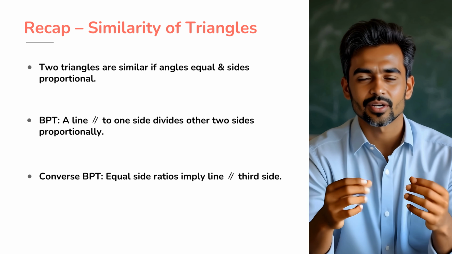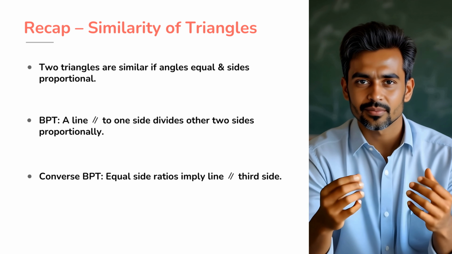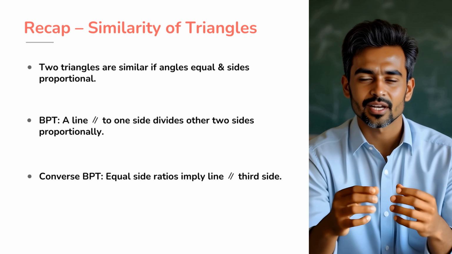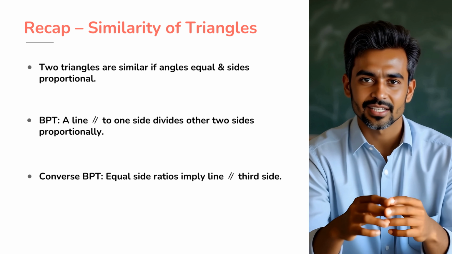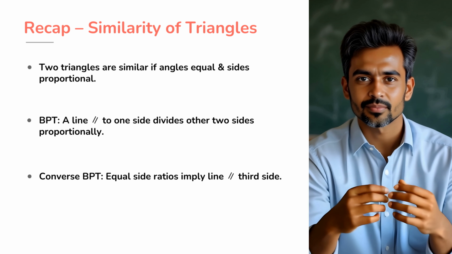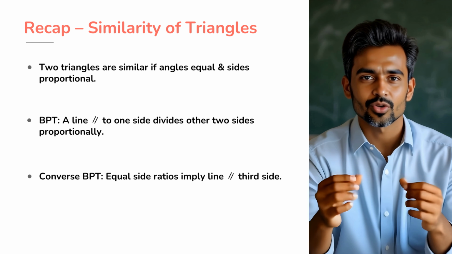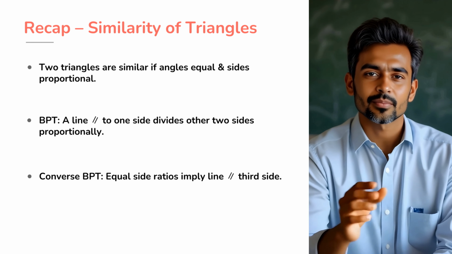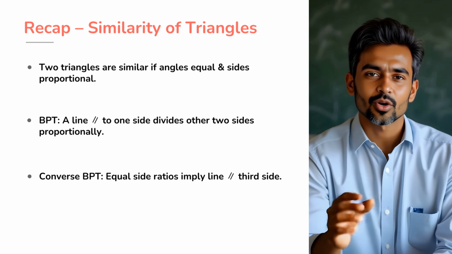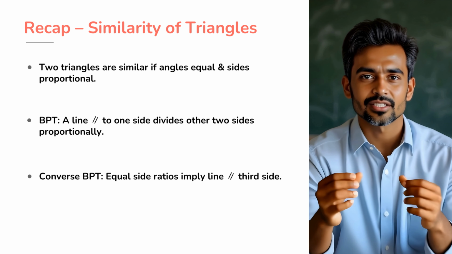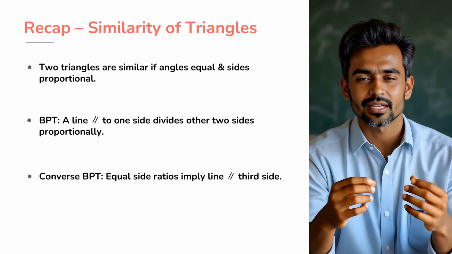Let's pause and summarize what we've discovered today. Two triangles are similar if their angles are equal and their sides are proportional. Thales observed that in equiangular triangles, side ratios are always equal. The basic proportionality theorem: a parallel line divides the sides of a triangle proportionally.